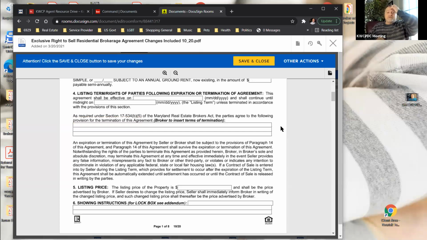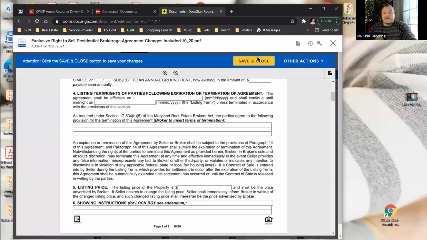In some different jurisdictions, there are different ways to terminate an agency relationship. The law in Maryland specifically says that an agency relationship may be terminated by any unilateral notice in writing.